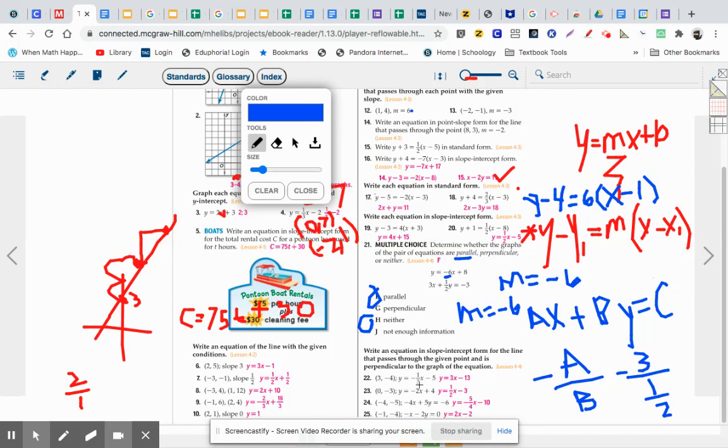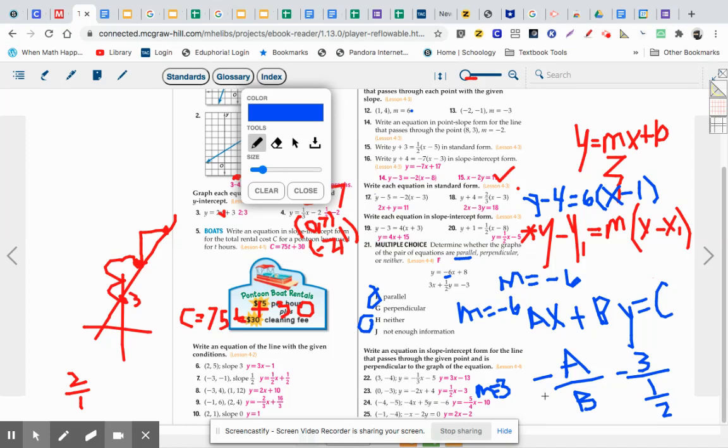So I already know if they're perpendicular, this slope needs to be the reciprocal of -1/3, and the sign should be the opposite. So the reciprocal of 1/3 is 3, and the opposite sign should be positive. So I already know that my slope for my new line should be +3. And that's what you see here.